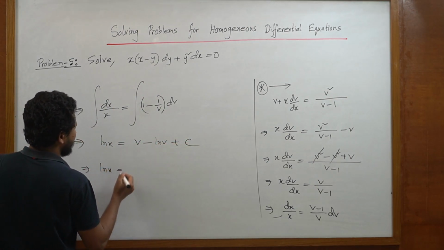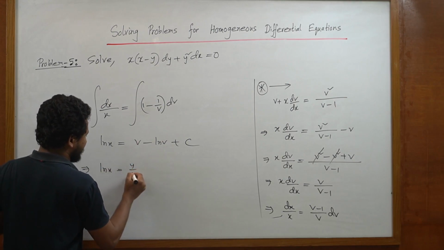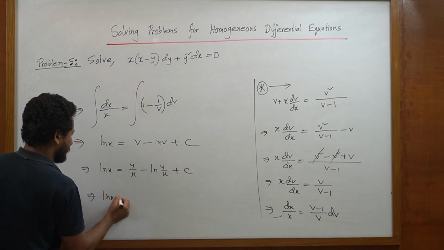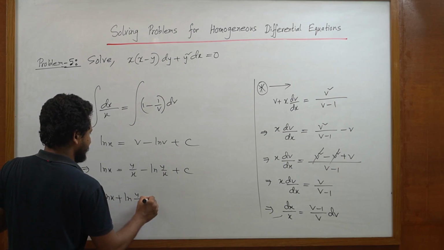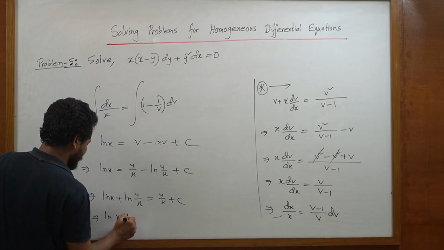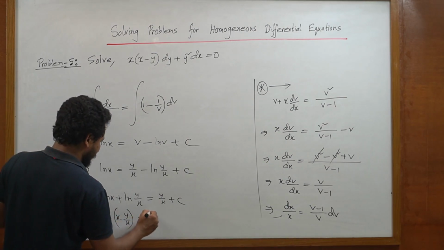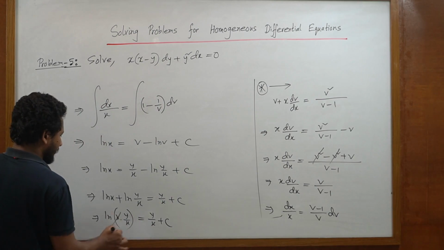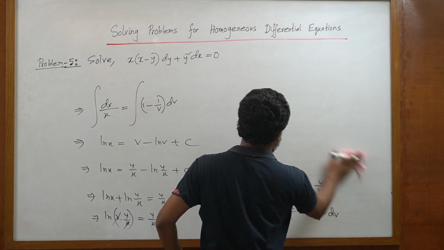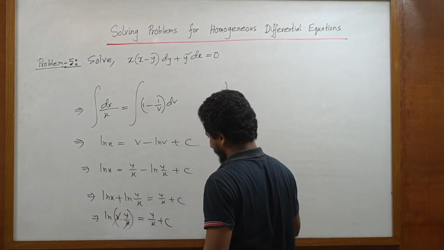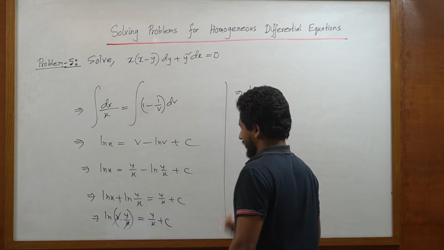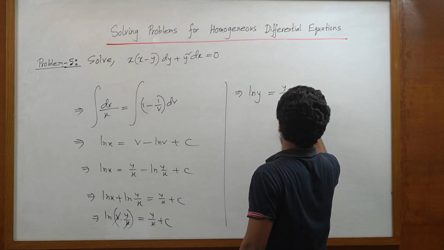We took v as y by x, so ln x plus ln (y by x) equals y by x plus c. So ln of x into y by x equals y by x plus c. Here x is removed. We get ln y equals y by x plus c.